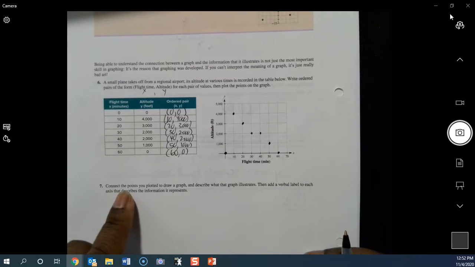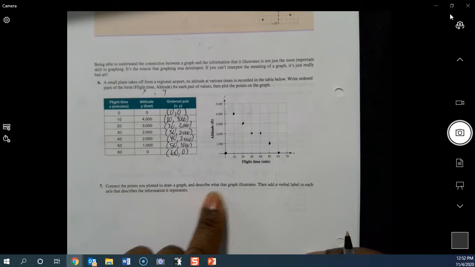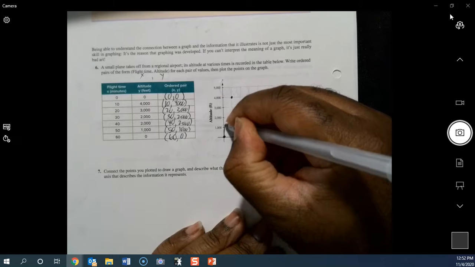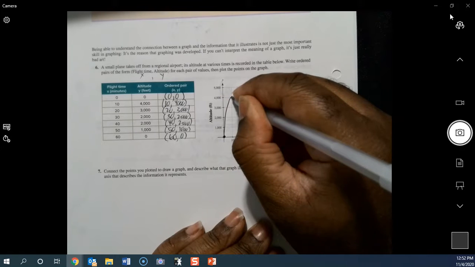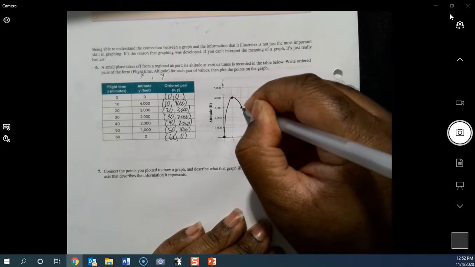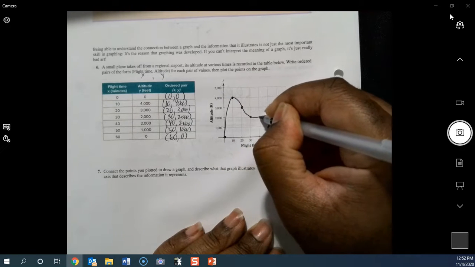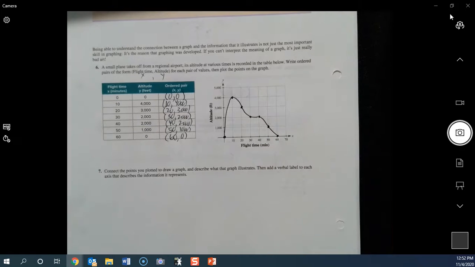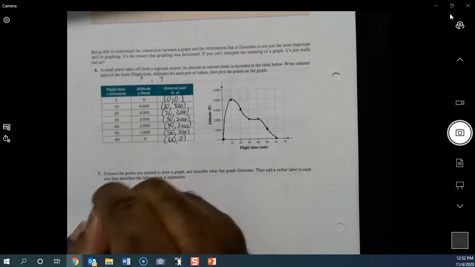So now it says, number 7, connect the points you plotted to draw a graph and describe what the graph illustrates. Then add a verbal label to each axis that describes the information it represents. So now, we'll go here. So that is our graph. Now we connected the points.